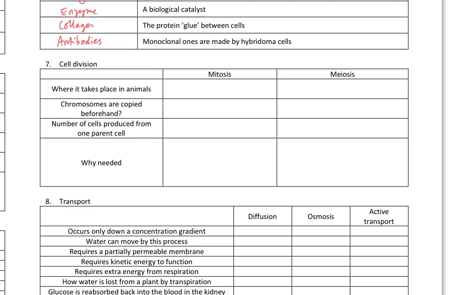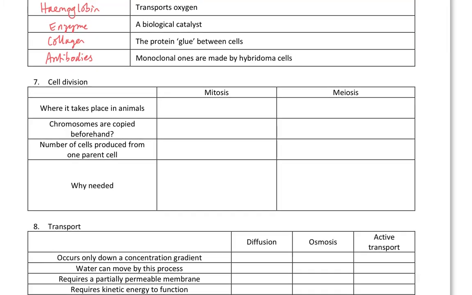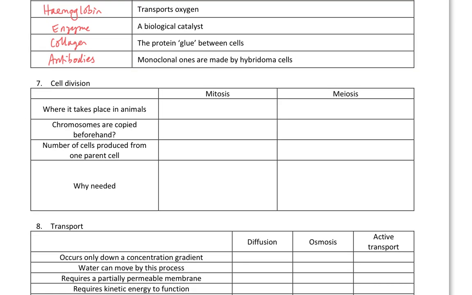And then the last two tables, I've zipped through this. Oh, I'm ready for an exam. Where does mitosis take place in animals, not everywhere? I would always put skin here. We're losing skin, therefore I need to make more skin. Bone marrow would be another good one.